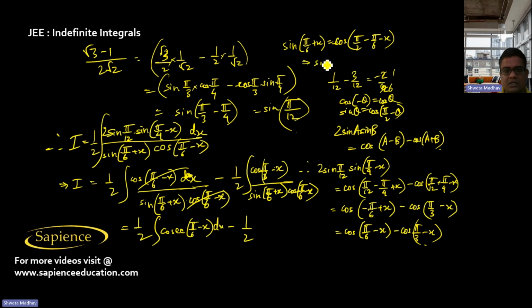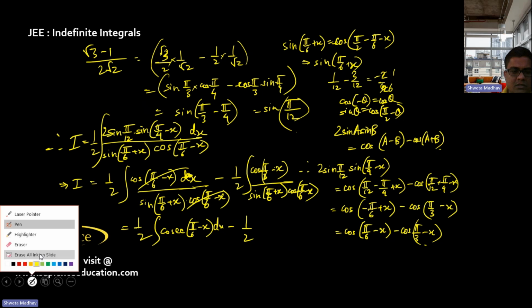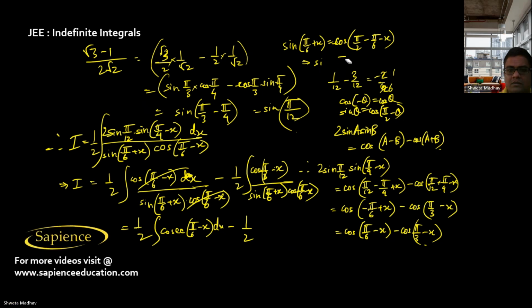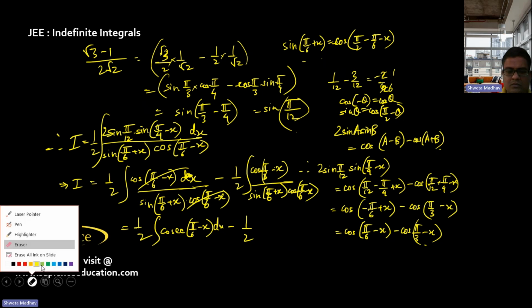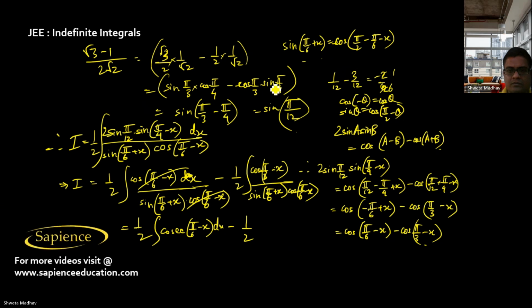So it means that sine of (pi by 6 minus x) will be equal to cos of, now 2 3 is 6, so 2 pi by 6, that is pi by 3 minus x.